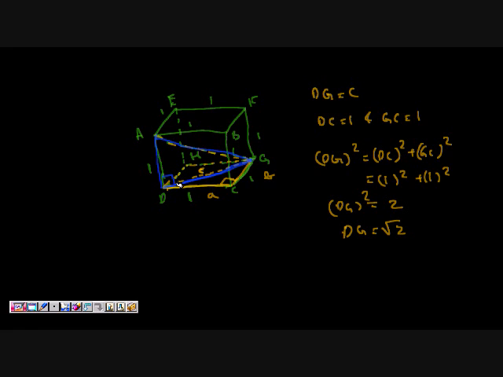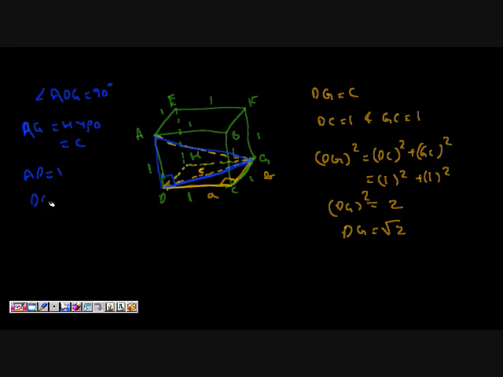So that means that AG is the hypotenuse, which is equal to C in our case. And AD is equal to 1 and DG we just calculated as root 2.